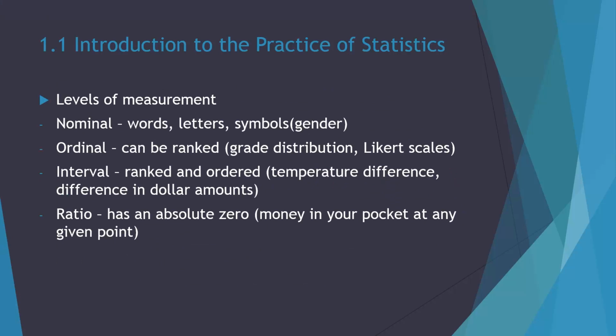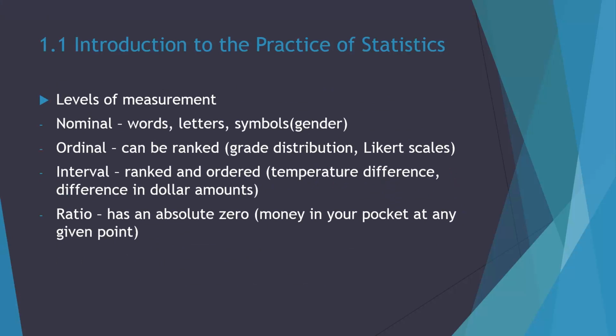Same thing with dollar amounts. It's the same interval amount between $1 and $2, or $115 and $116. And then we have, finally, the ratio level of measurement. This has an absolute 0.